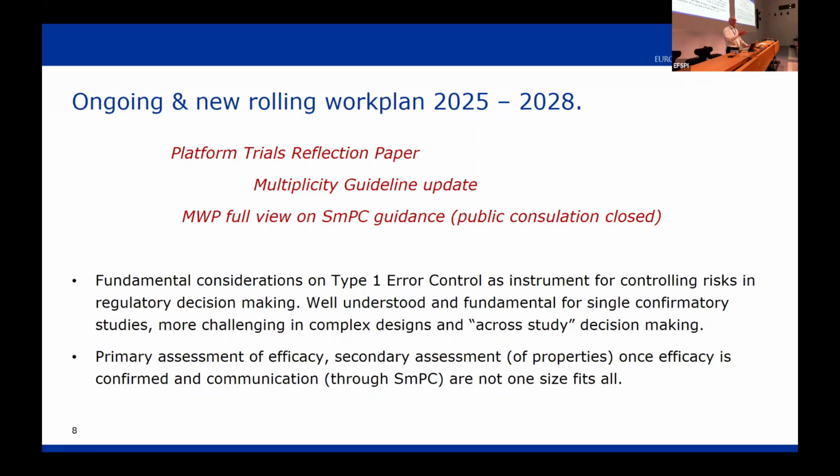So the actual decision is not yes or no, the actual decision is the label. But you have already proven efficacy, so no worry about type 1 error control, that's there. Everything you present in the SmPC is conditional on the fact that you've agreed this is an efficacious drug. We don't always agree on this type of insight yet in the entire regulatory world, but this is the type of thinking we will be challenging a bit, working on the SmPC.